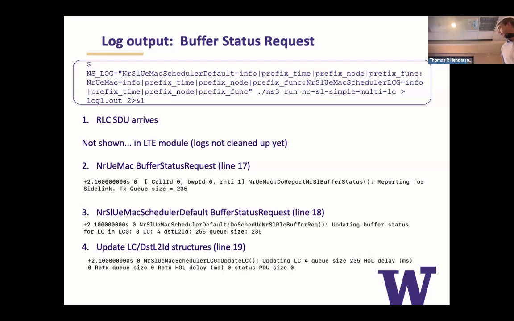And then if you look further, there's another scheduler class handling all of the logical channel data structures. There's an update logical channel call that basically says that yes, I've stored that information for future reference. Scheduling decisions are not made yet. This is just the scheduler collecting information from what's going on at the RLC layer.